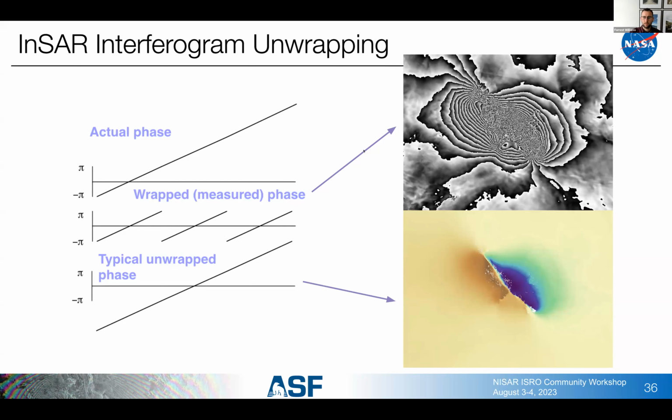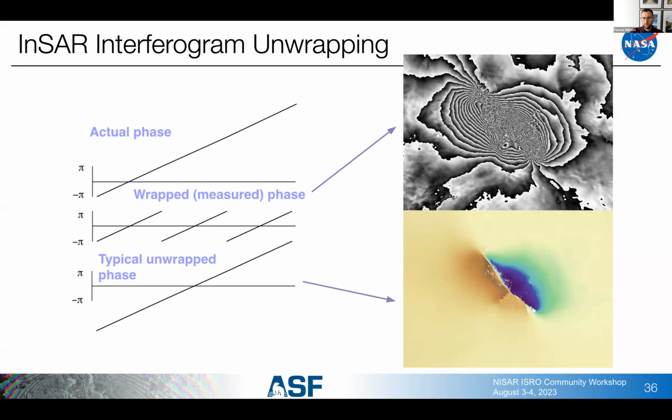And this is an empirical process that uses statistics and other information about the interferometric pair, such as the coherence, to make a best guess estimate of what the deformation pattern should look like once all of these disconnected components are stacked on top of each other and we attempt to get a continuous deformation field.